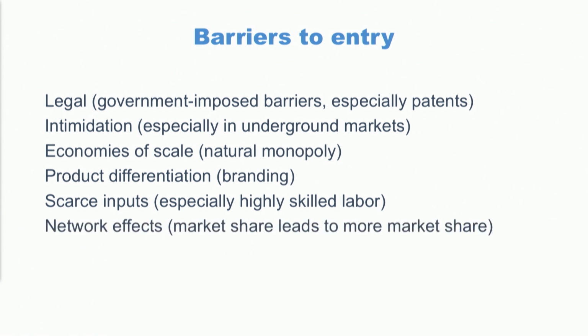The final and very important in the modern world source of barriers to entry is what economists call network effects. This is a situation where the more people who use a particular product, the more value that product has. So in the case of computer software, for instance, the more people who use a particular piece of software or a computer platform, the more valuable that software or platform is to everybody else.